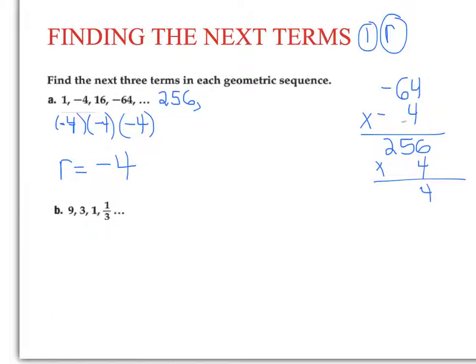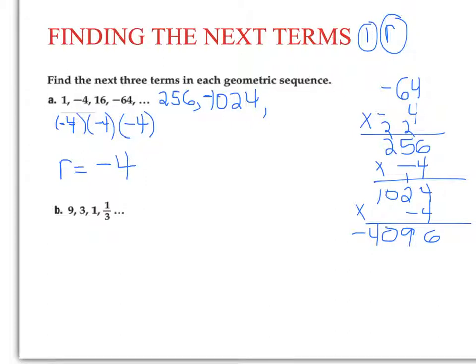We get 1024. That's my next term, but remember this was a negative, so we get negative 1024. And then again, I'm multiplying by -4, so I'll get 4096.